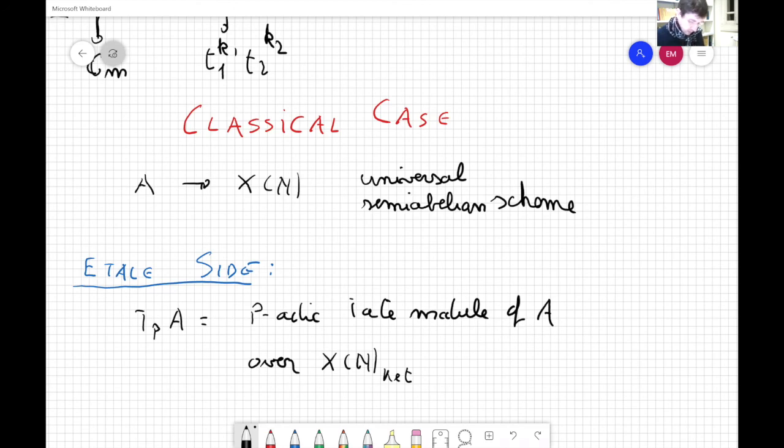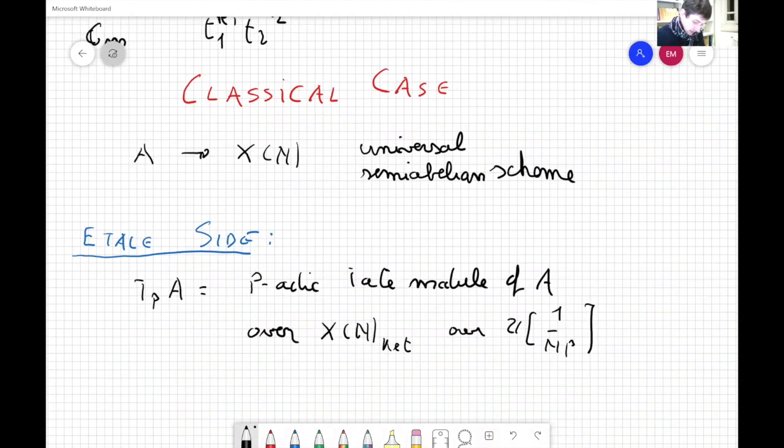So I will have a locally constant rank Z_p-module over the full X_n if I consider this topology. And of course, to have that étale thing, I should remove p.